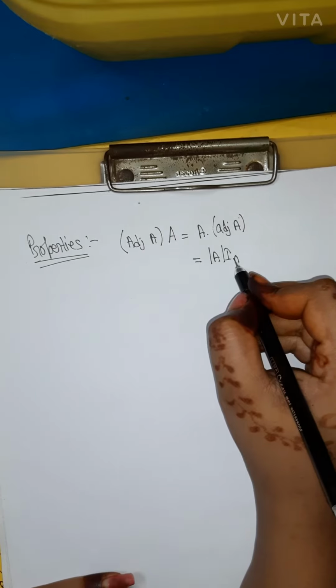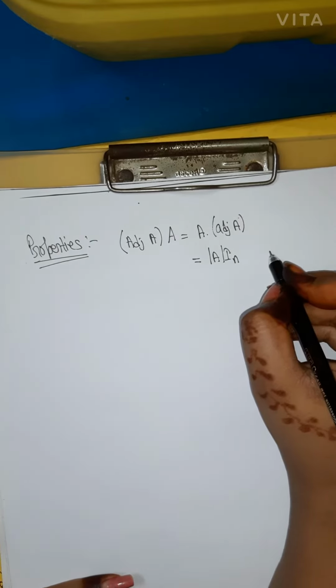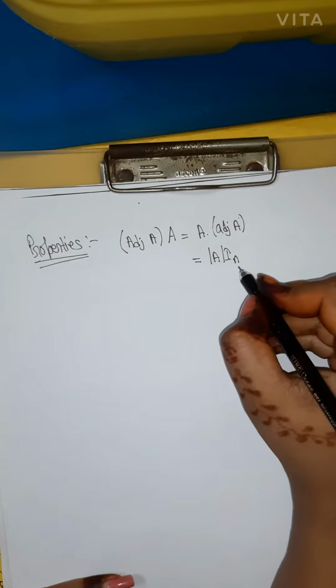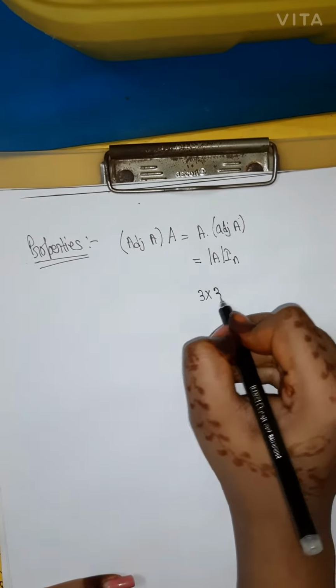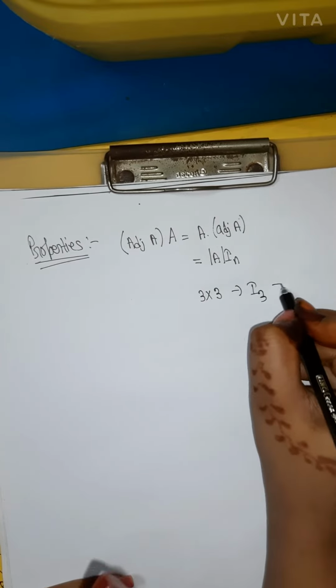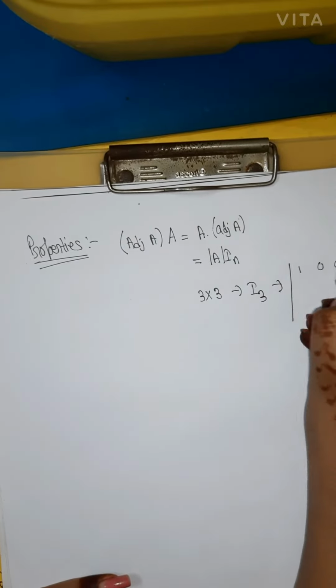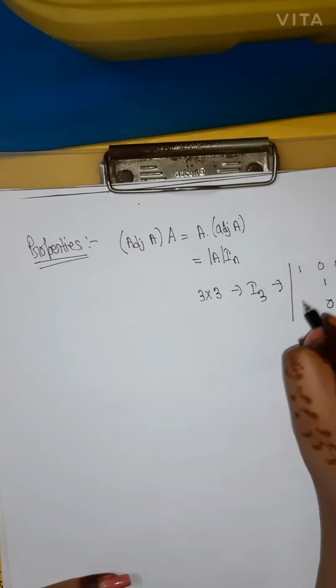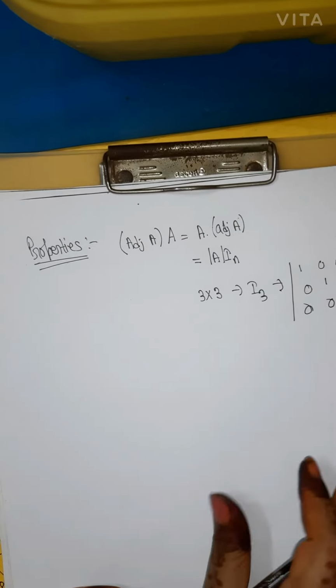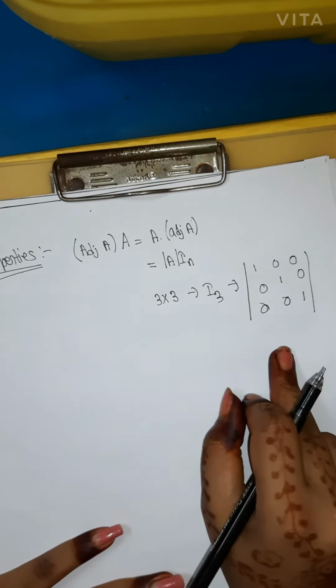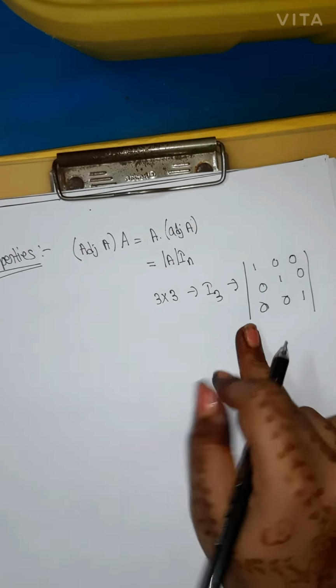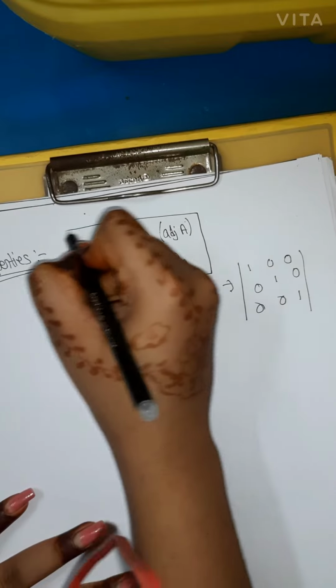Suppose we have n cross n matrix, so identity matrix will be of order n. So for 3 cross 3 matrix we will have I3, that will be equal to 1 0 0, 0 1 0, 0 0 1. This is an important property.